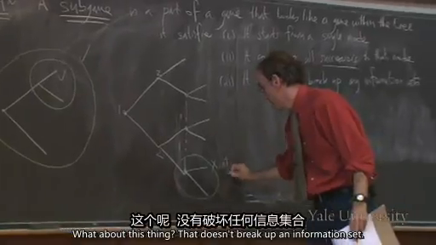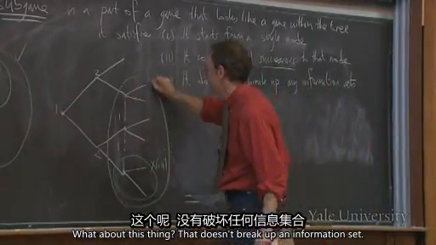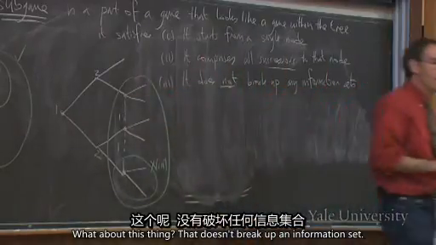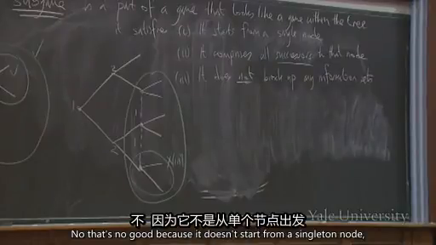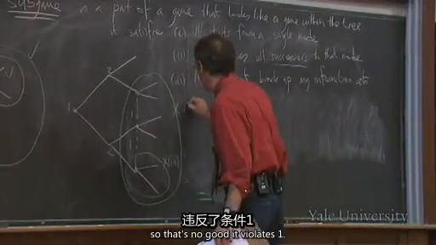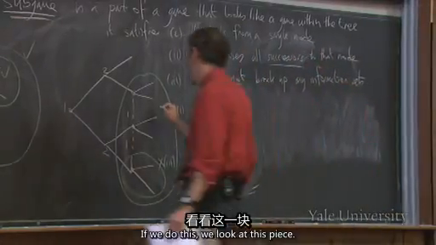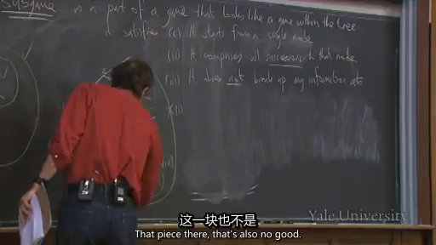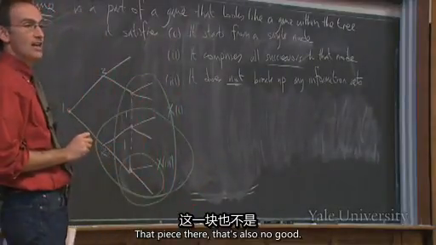What about this thing? That doesn't break up an information set. I've got the whole information set in there. Is that any good? No, that's no good because it doesn't start from a singleton node. It violates 1. And if we look at this piece, that piece there, that's also no good. Why is that no good?